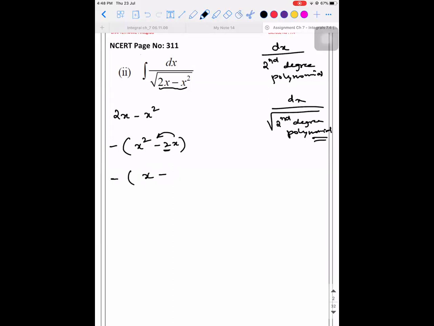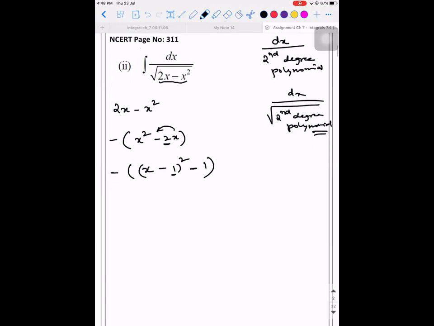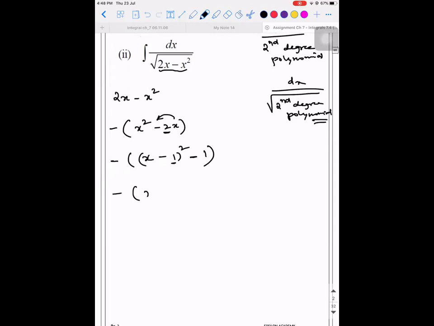So x minus half of the coefficient of x, that is 1, the whole square, minus the square of the constant. What is the square of the constant? It is 1. So this is going to be minus of x minus 1 the whole square minus 1.